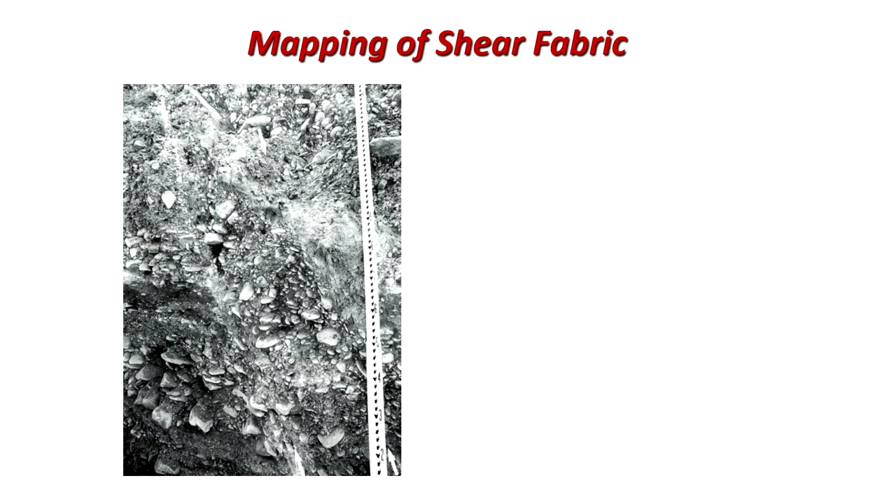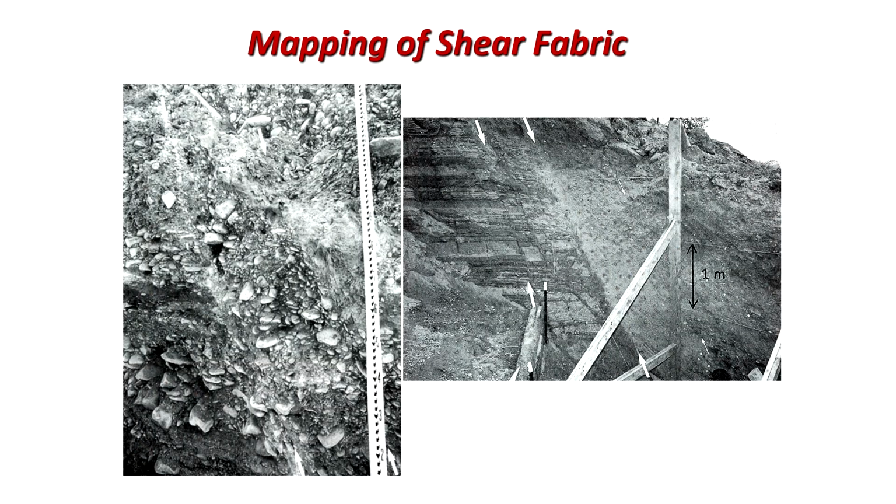Mapping of shear fabric, as I emphasized in one of the slides in the previous lecture, also helps you in fixing your contacts and differentiating whether it is a primary contact or a secondary contact. So here you can clearly see this contact. This has nothing to do with the primary one, this is all secondary.